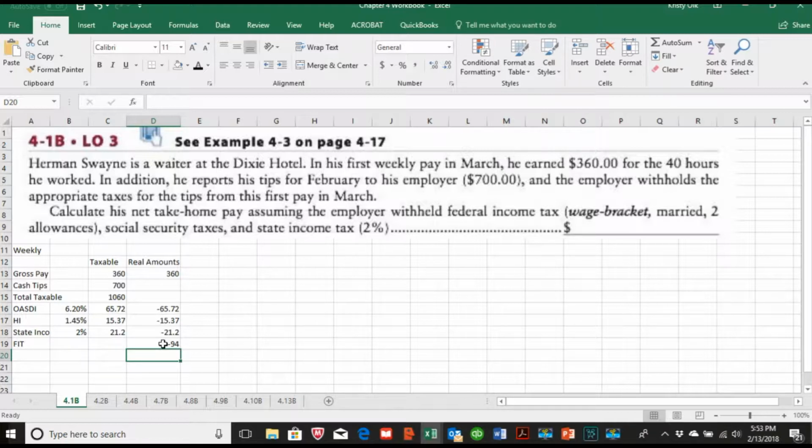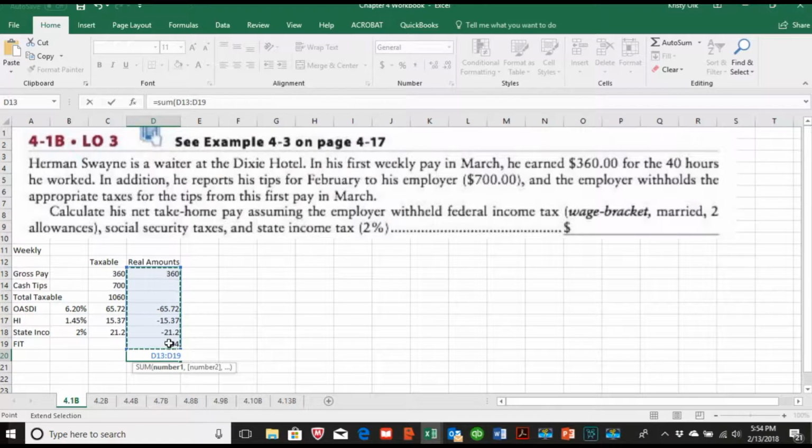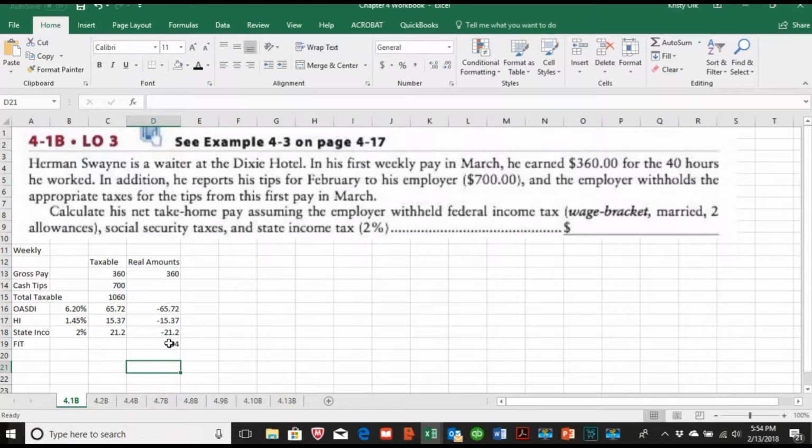So his take-home pay, which is what we are calculating, is the $360 less all of the allowances, which is $163.71.